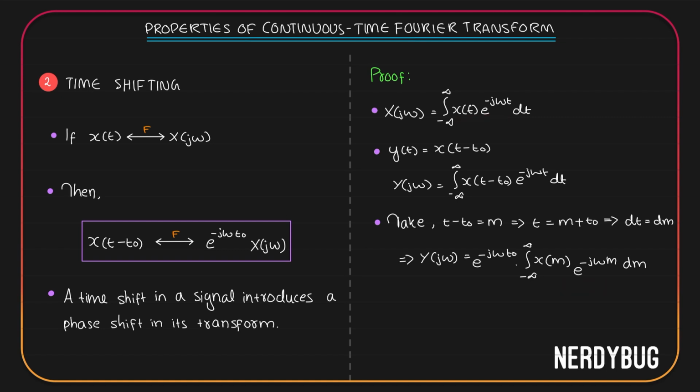But we have already seen before, it doesn't matter what you call the variables to which you're finally giving the limits anyway. So this is the same as this, and it is X of j omega. So Y of j omega is e raised to minus j omega t naught multiplied by X of j omega. So that is our proof.